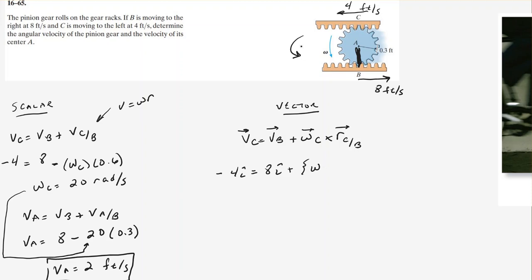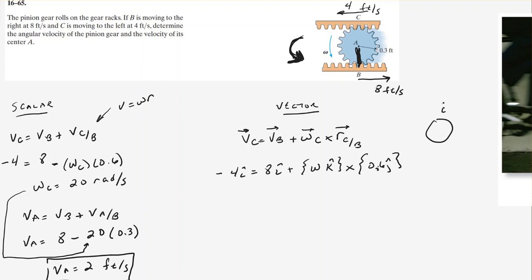If you curl your fingers in the direction that this omega is going to spin, then your thumb points out at you, so that's a positive K. And then we cross it with the distance, which is 0.6j.